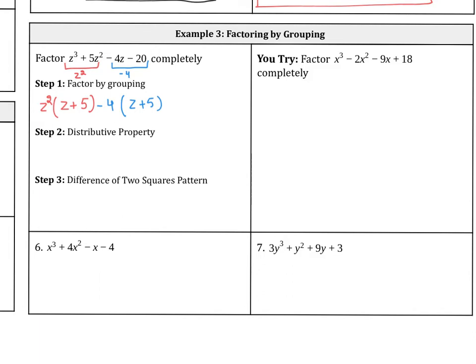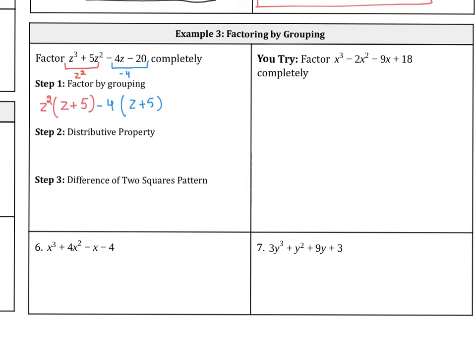Now we're going to use the opposite of the distributive property, which means we're going to take out the common factor. So z squared minus 4 makes 1 factor, and you take out z plus 5 outside.